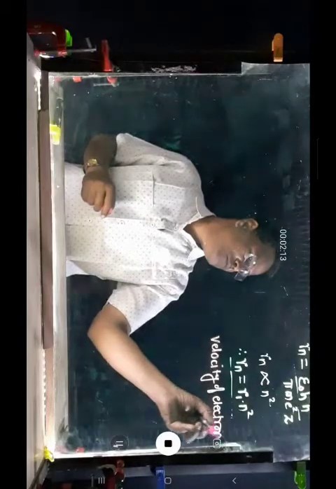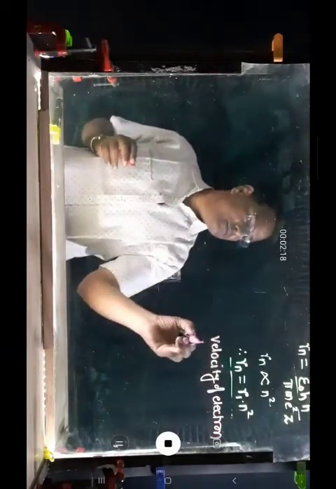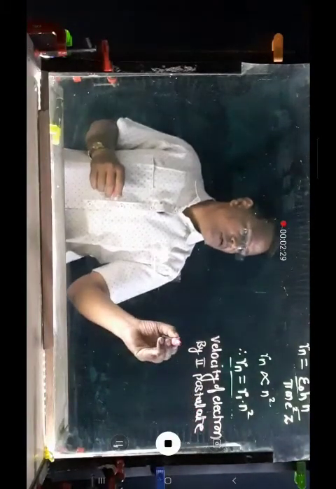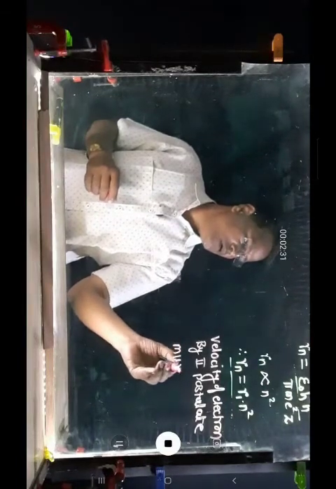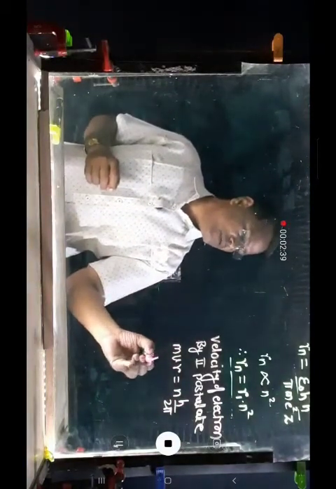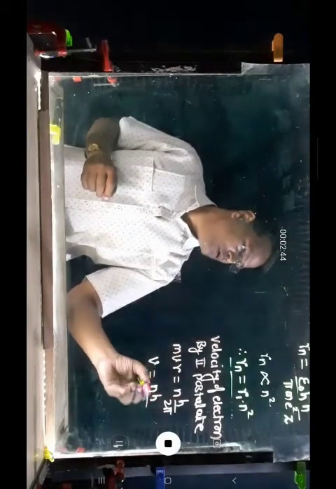Velocity of electron. By the second postulate of Bohr's theory, mvr is equal to n into h by 2 pi. Using this relation, we can write the velocity v is equal to n into h by 2 pi m r.